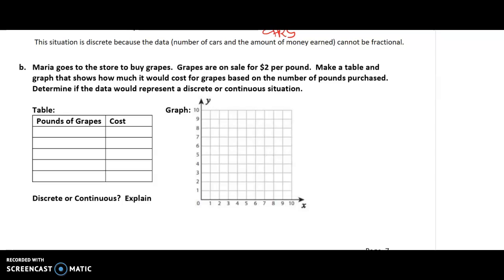So again, let's create a table for this situation. We created a table where, if you buy 0 pounds of grapes, it costs you nothing. 1 pound of grapes is $2. 2 pounds of grapes is $4, and so on. And then, once we completed the table, we moved on to the graph and plotted those ordered pairs.